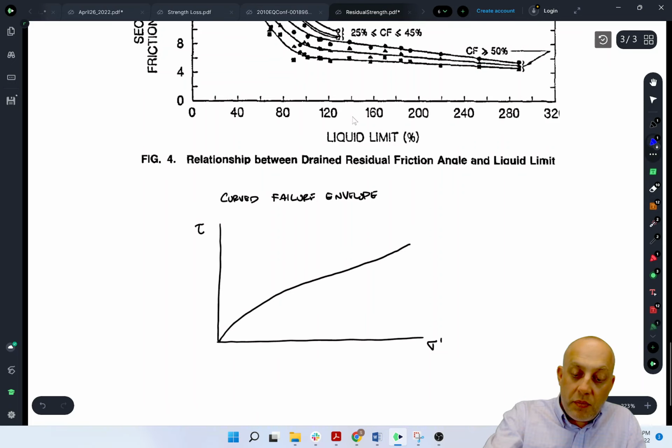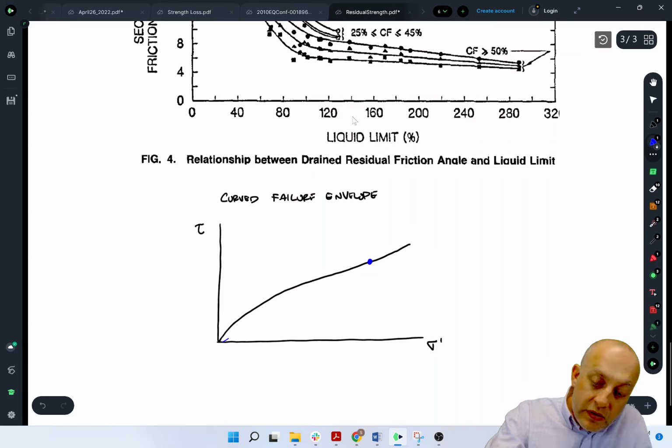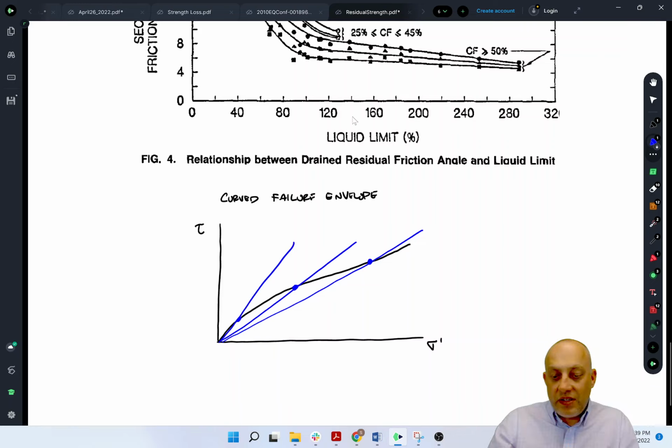So maybe this is 700 out here, you would use a secant line like that. Maybe here's 400, you would use a higher number, and then 100 is here, you'd use a higher number yet, right? And I've exaggerated things a little bit in this slide just to illustrate the concept. But anyway, that's residual strength, and see you later.